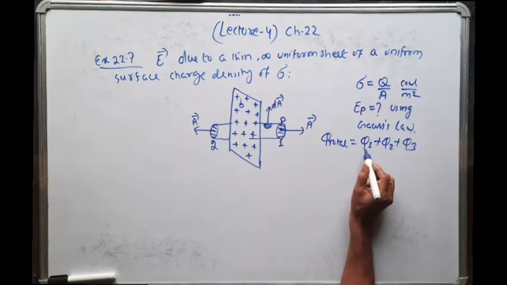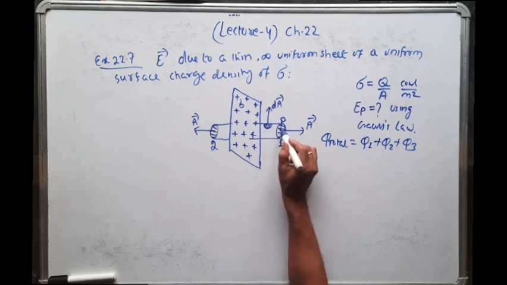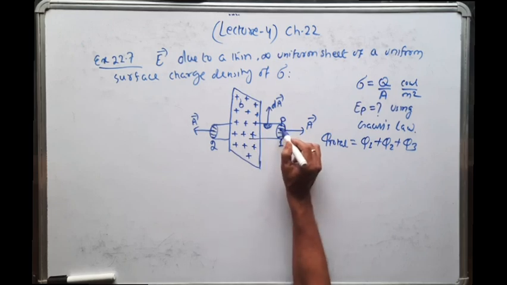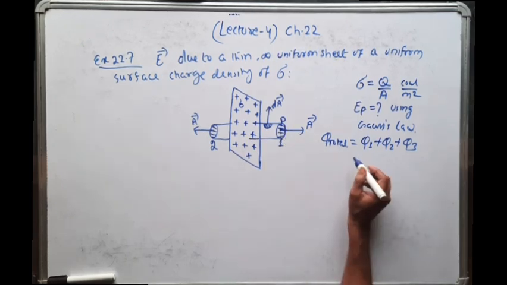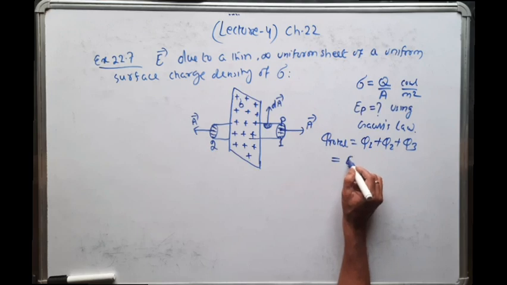What is phi 1? Each element on this surface is equidistant from the charge plate, so the electric field intensity is constant everywhere. For uniform electric field, the flux is simply E dot area.